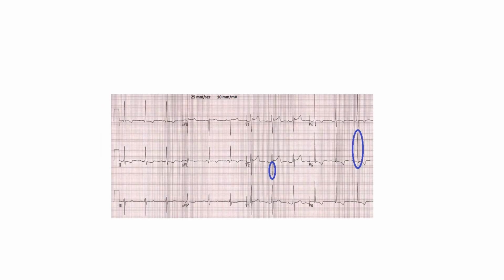Shown here is the ECG of a patient with probable left ventricular hypertrophy. Here you can see that if we combine the R wave in lead V5 as well as the S wave in V2, then the sum is more than 35.